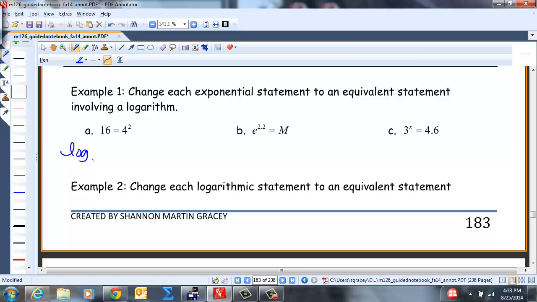The base is 4, right? A logarithm is an exponent, so we can just say equals 2. And what's left? You got it, 16. So I used to just remember where the base went and what was after the equal sign, right? So where the base went and where the exponent went, and what was left went inside the log. Okay, so you try B and C and see how you do.